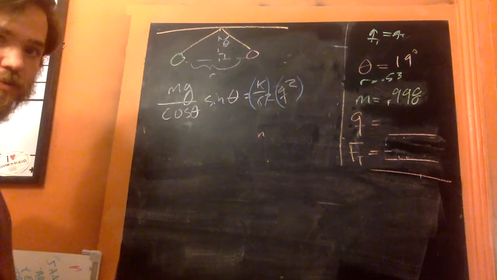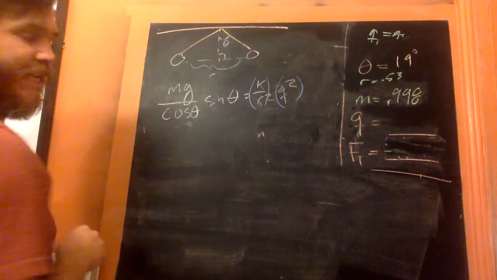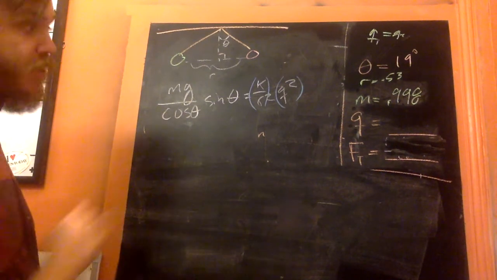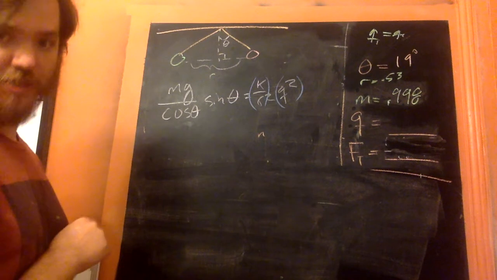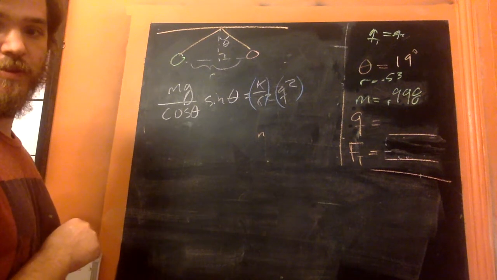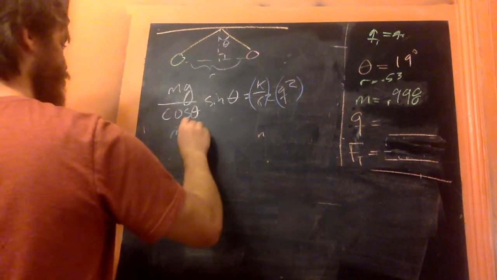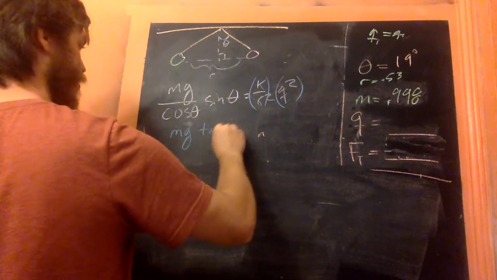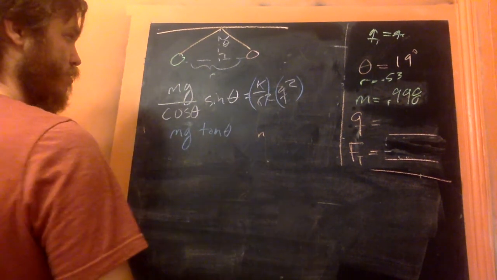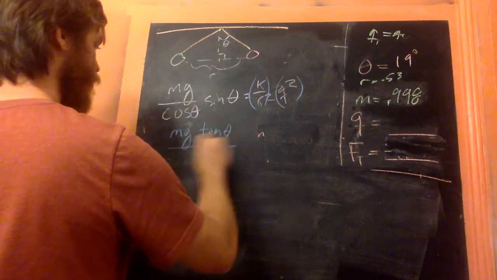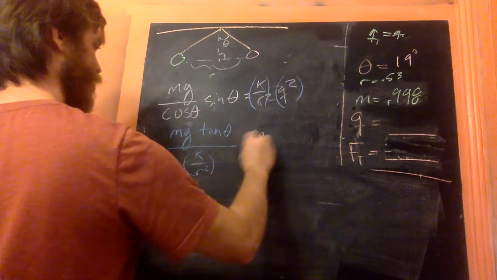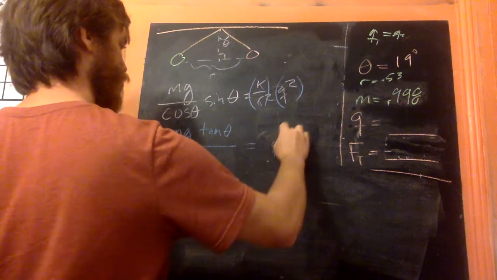So now we can combine these into a tangent theta, and we are given mg because we're given m, and g is a constant. So we have that mg, which is a known, times tan of theta, which is a known, over K over R squared is equal to Q squared.